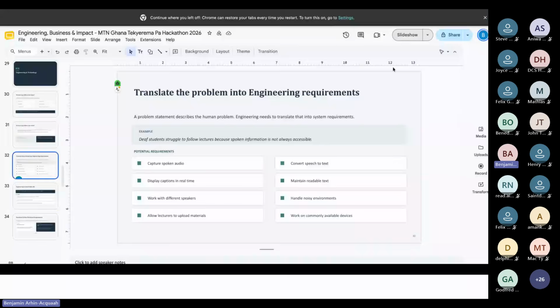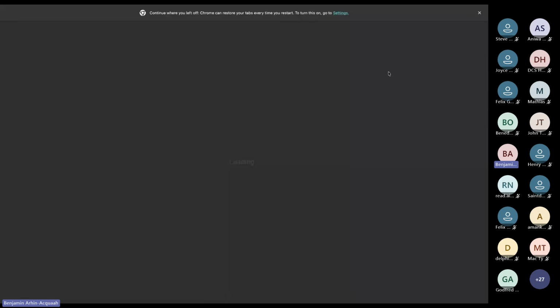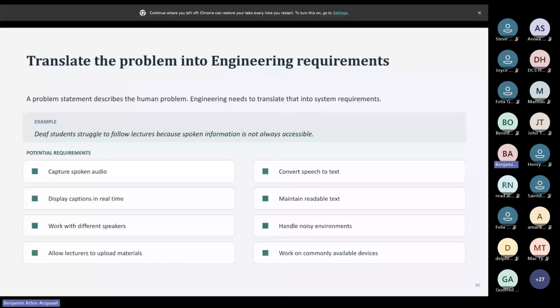Okay. So, you need to translate the problem into engineering requirements. What that means is, so far your problem statement only describes the human problem in simple language or English. Now an engineer also needs to translate that problem statement into system requirements.